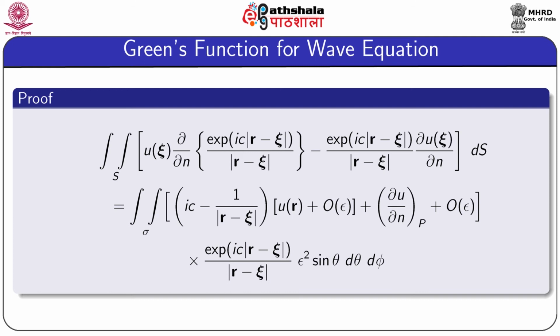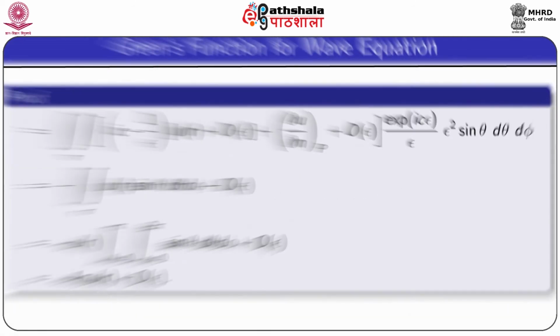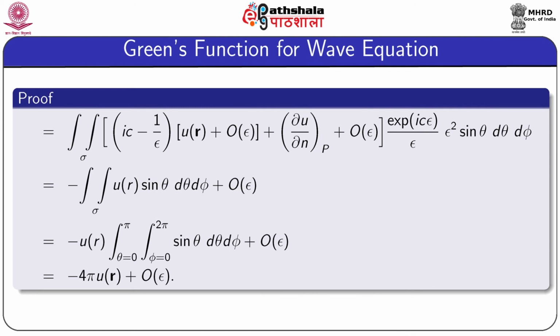Now, among these terms we want to keep the term which is of order epsilon. First we want to take the 0th order term, then the order of epsilon terms.